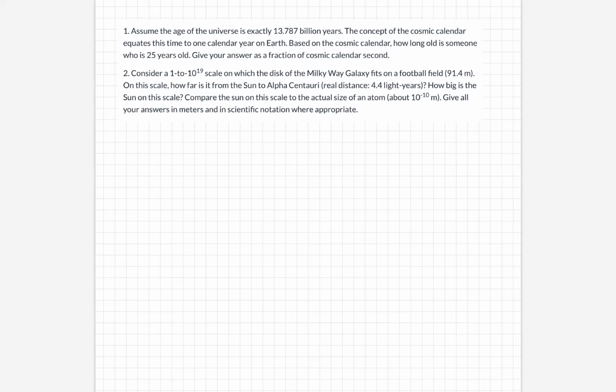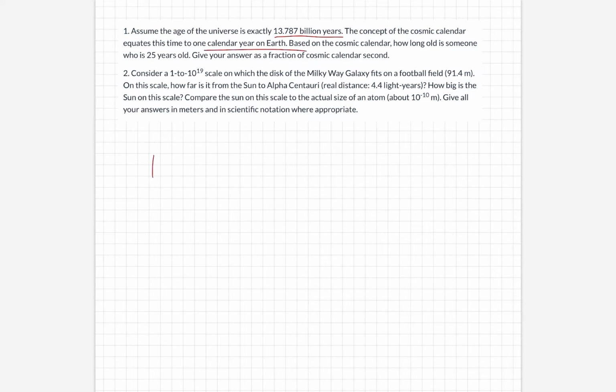So if you look here, in problem number 1, I say assume the age of the universe is 13.787 billion years. Okay? So the idea is that many real years, or Earth years, is equivalent to one cosmic year. Because it says that the cosmic calendar, all that time, the 13.787 billion years, is one calendar year on Earth. In other words, one Earth year.